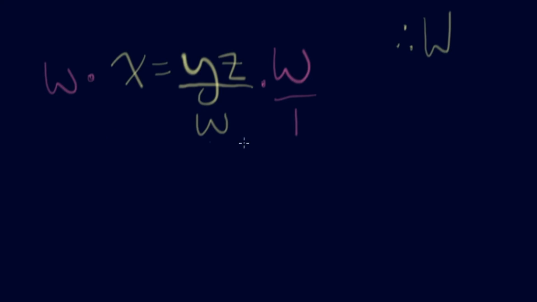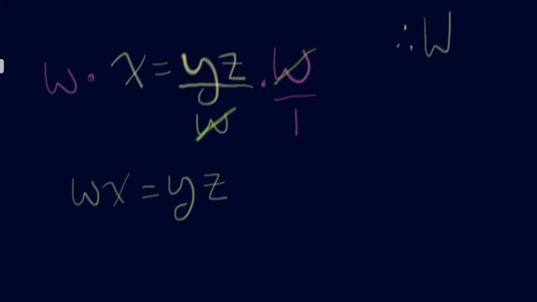So what am I left with now? I am now left with wx, and that's going to be equal to, well, what happened over here? Well, when you multiplied both sides by w, that eliminated the w's, leaving me just with yz.